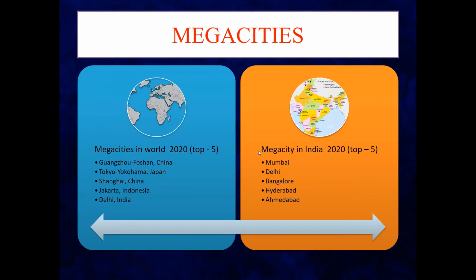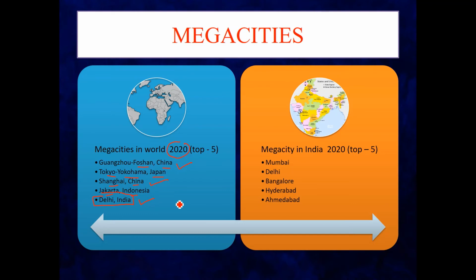Now, the top 5 megacities in the world by 2020. First is Fusan, China, Tokyo, Yokohama, Japan, Shanghai, China, Jakarta, Indonesia, and Delhi, India. One more thing: China and India are the most populated countries in the world, China first and India second.